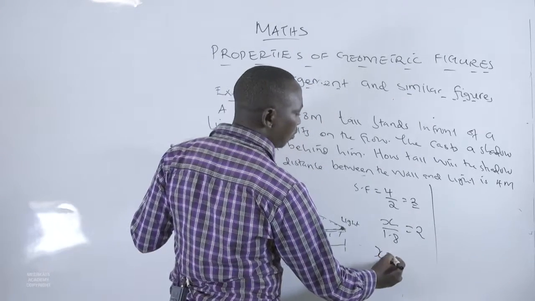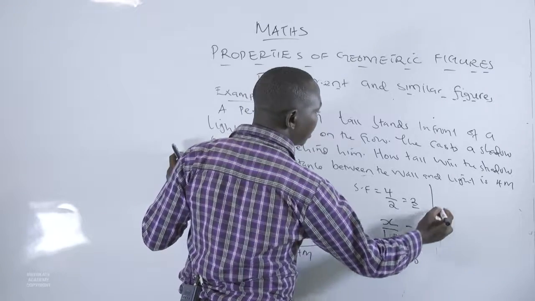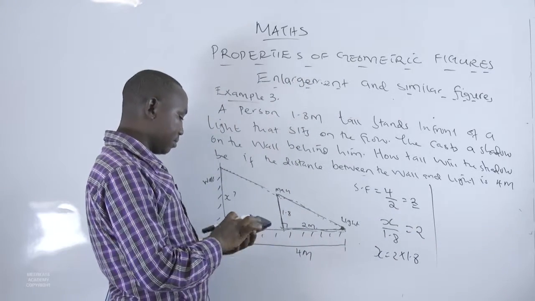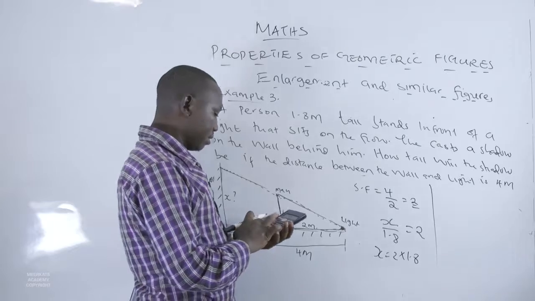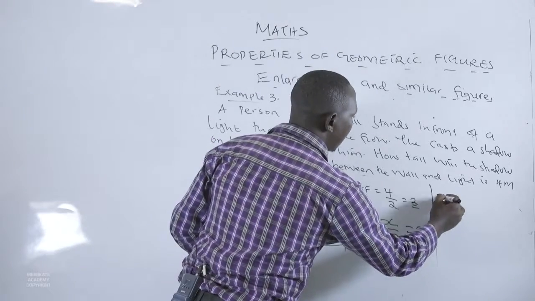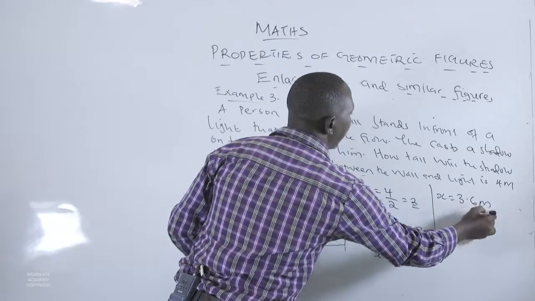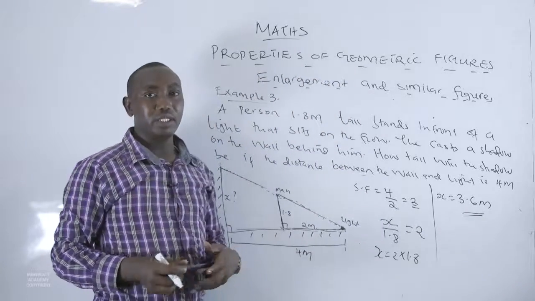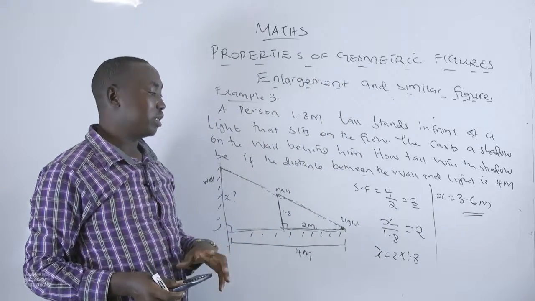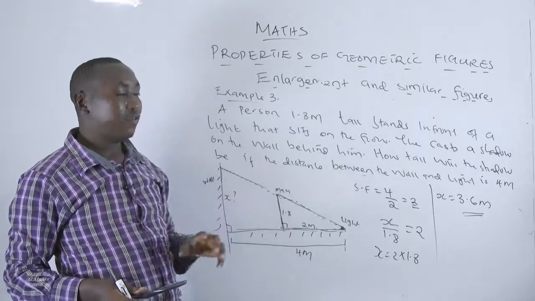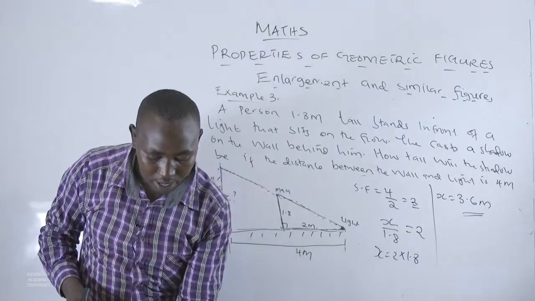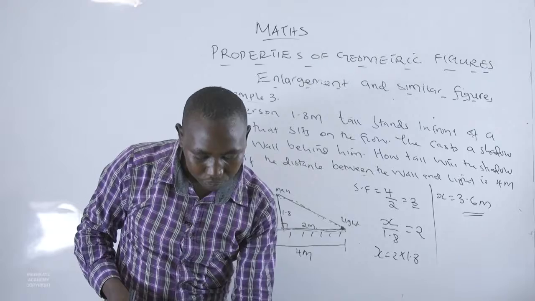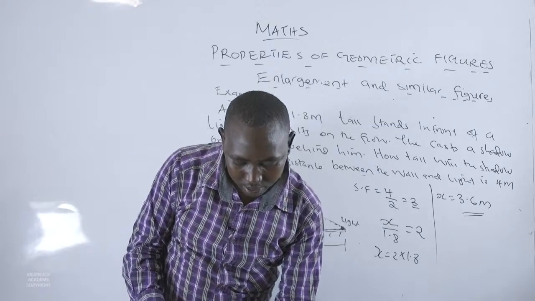That means that x will be 2 multiplied by 1.8, and that will give us 3.6. So x is equal to 3.6 meters. So this tells us that this particular person is going to cast a shadow of 3.6 meters on the wall.